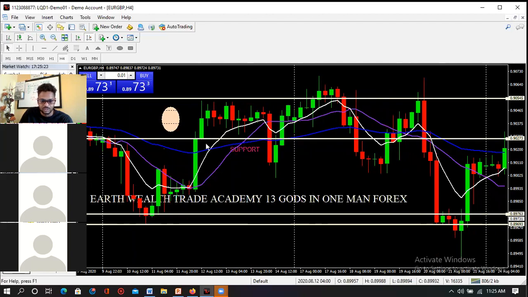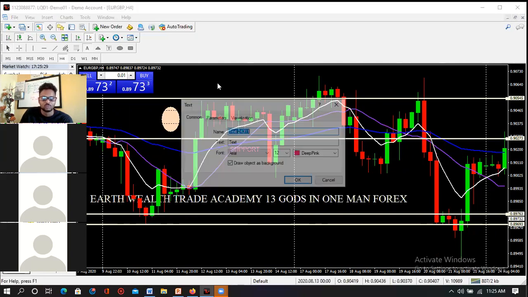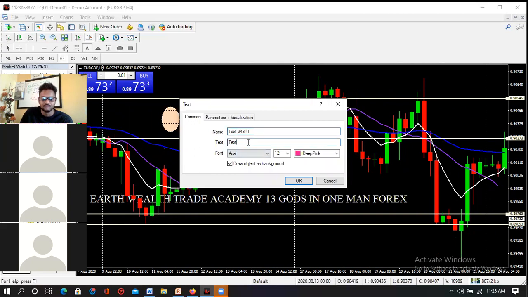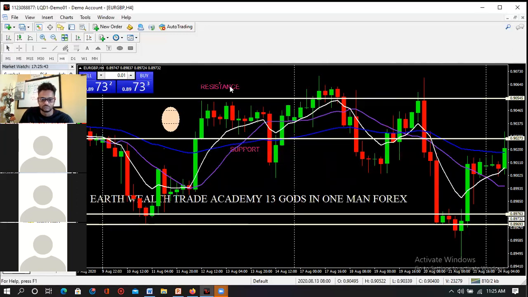This long line here is known as support. And up here is going to be resistance. So within price moving in the market structure of the market, this is known as resistance.